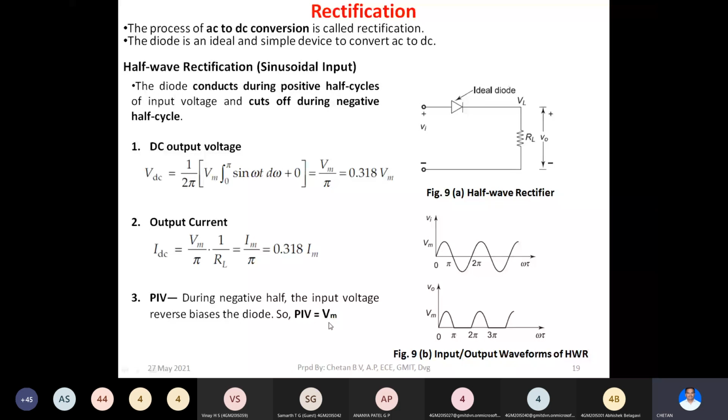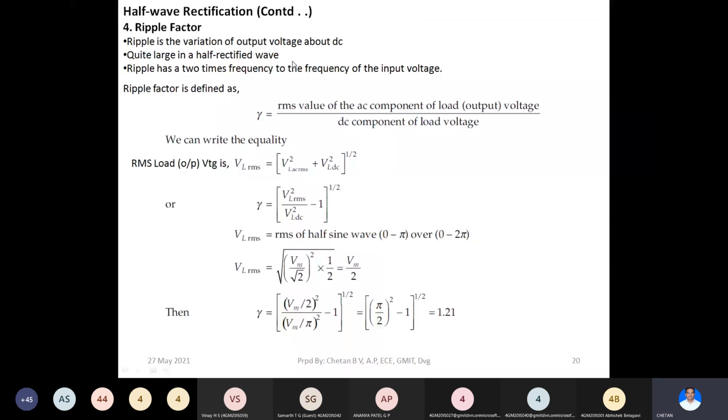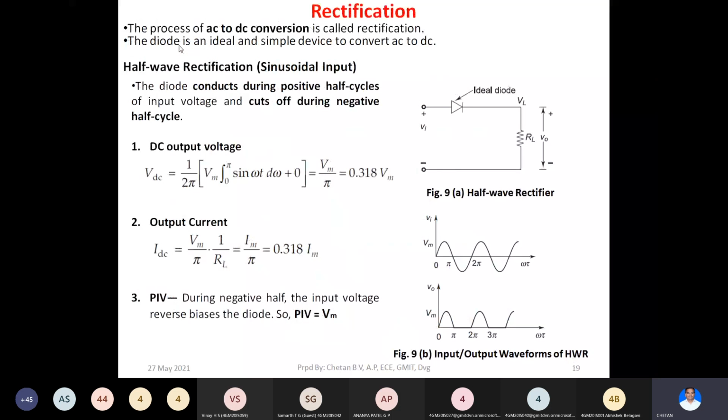Next is ripple factor. First of all, what is ripple? Ripple is the variation of output voltage about DC, or in simple words, ripple is the AC content in the output DC voltage. As you know, output is not a pure DC, so there are variations in the output voltage.